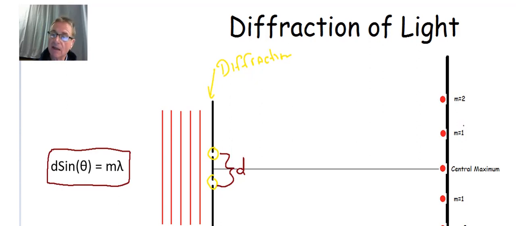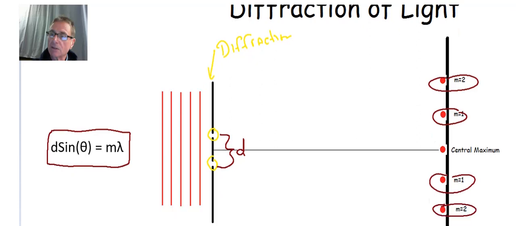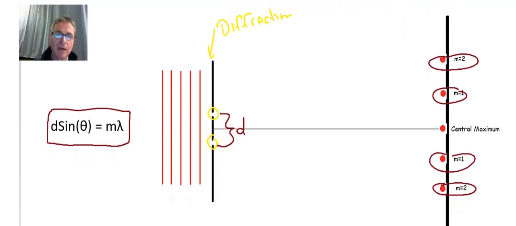m is the number of the dot, right? It is the fringe number, if you will, of the dot of something that we would see on a screen some distance away. Okay, so m can be 1, 2, 3, depending on what dot we're talking about.